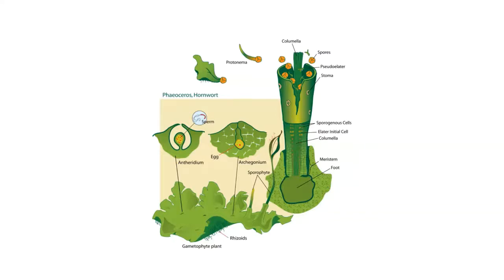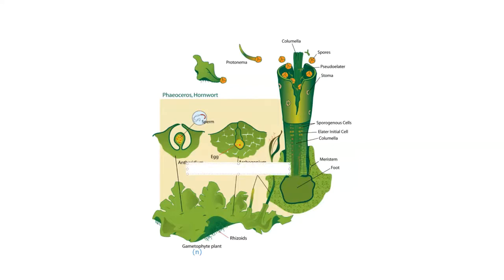To produce gametes. The function of the gametophyte is simply the bearing of reproductive organs. So what reproductive organs? The reproductive organs include the antheridium and archegonium. Looking here, this is the gametophyte, which is N. This gametophyte possesses antheridium and archegonium.